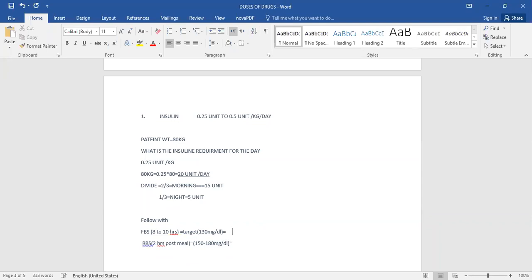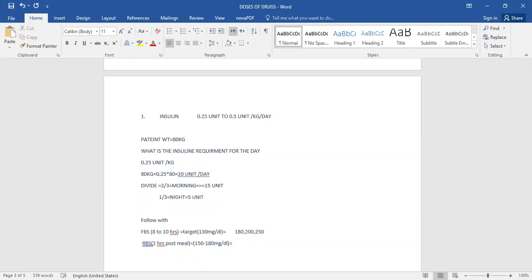Okay. And the fasting sugar levels you are getting are 180 or 200, or sometimes 250. So is it controlled or not controlled? Not controlled.